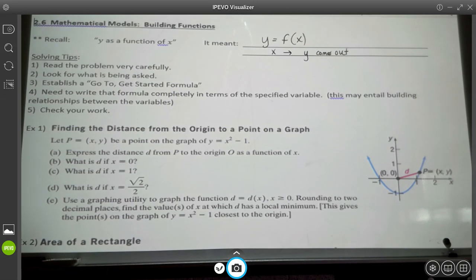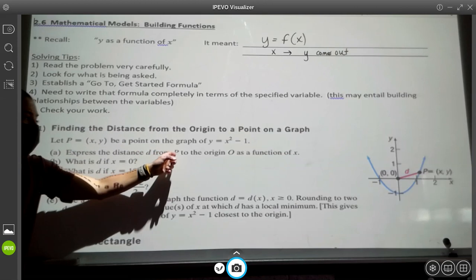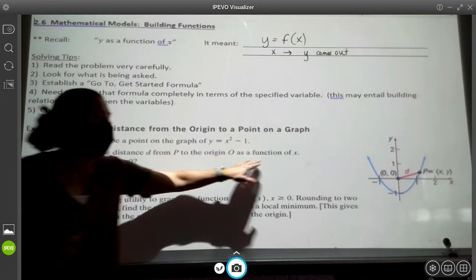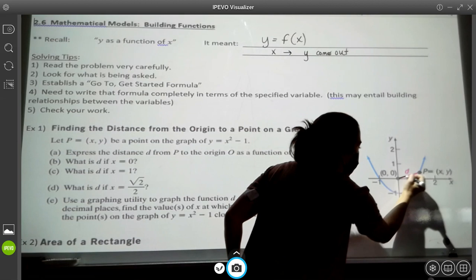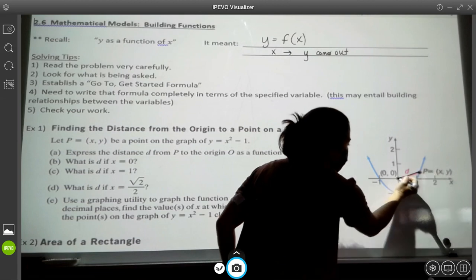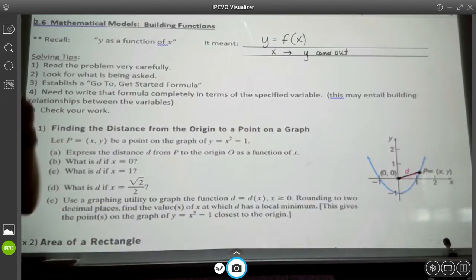The main thing they want us to do, guys, is express the distance d from point P to the origin as a function of x. They want us to express the distance between those 2 points as a function of x.